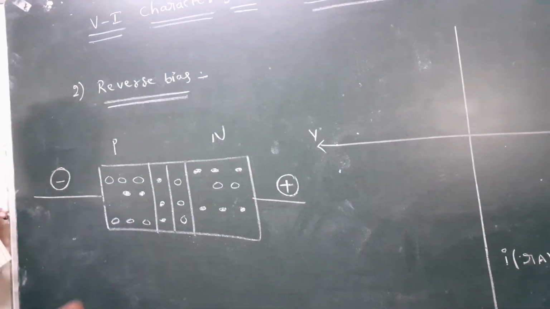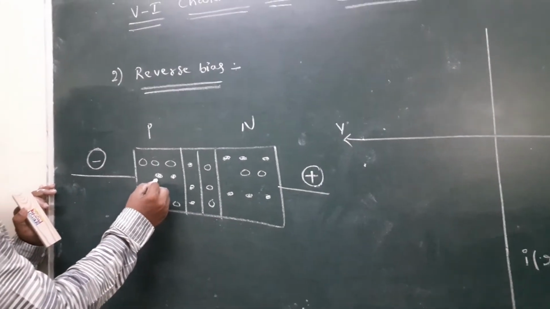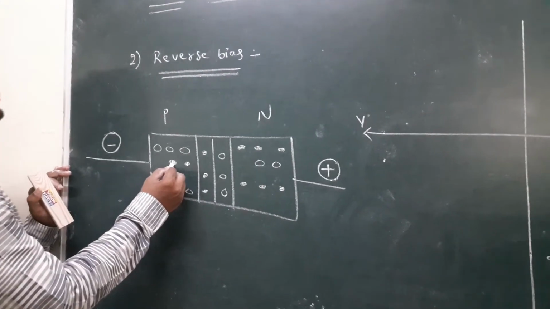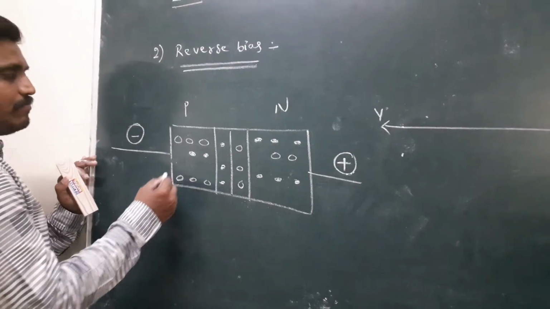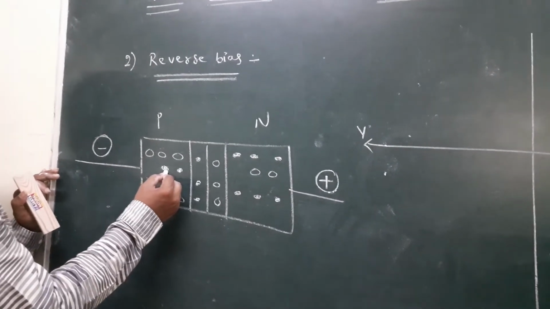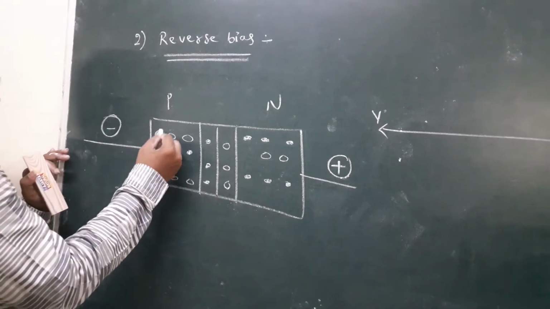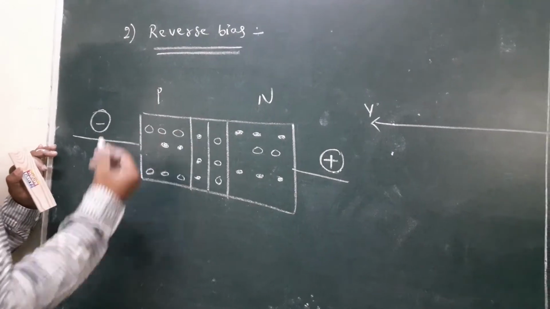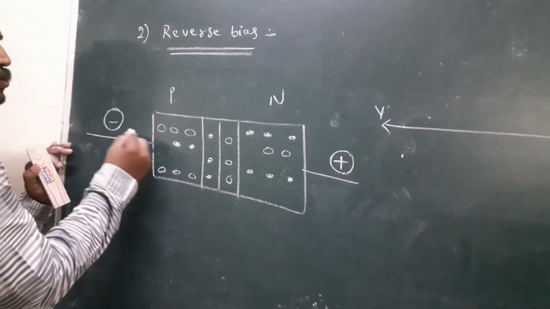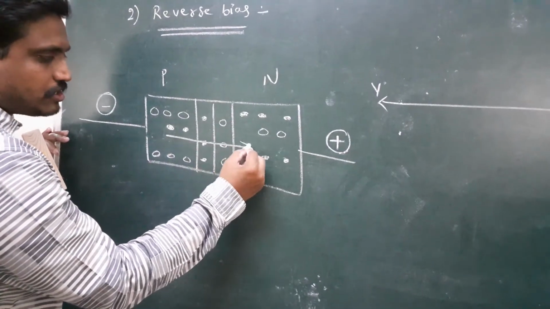Here the negative terminal repels the minority charge carriers in the p type, because holes are positive charge and electrons are negative charge. In the p type, holes are majority and electrons are minority. So this negative terminal repels electrons across the junction.